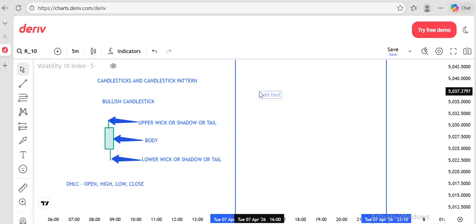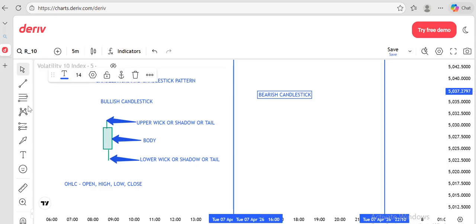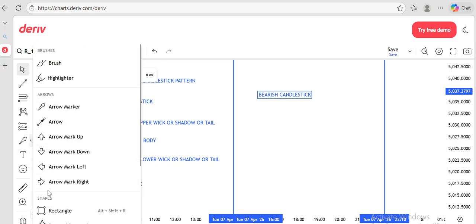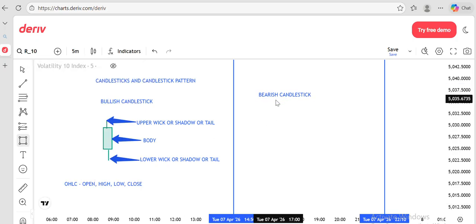The bearish candle is the reverse of the bullish candlestick. Just like the bullish candlestick, the bearish candle is formed the same way, just like this.